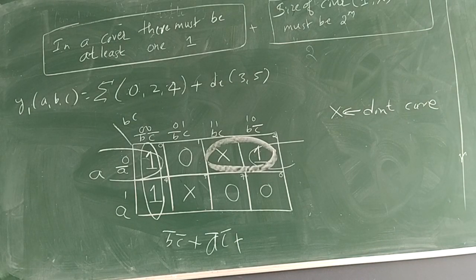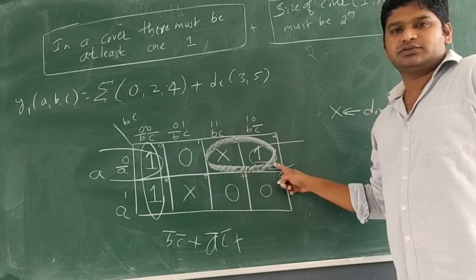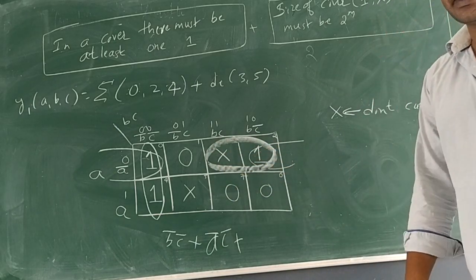First condition, in a cover there must be at least one 1. Plus second condition, the size of the cover, which includes some number of ones and some number of x, must be 2 raised to m. See here, these two conditions should be followed. Then only I will discover it is valid or correct.